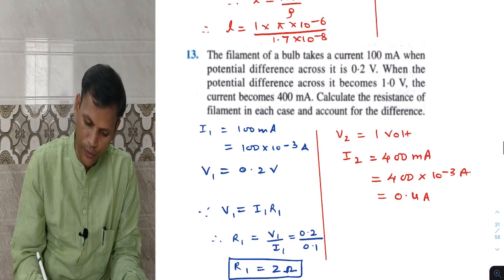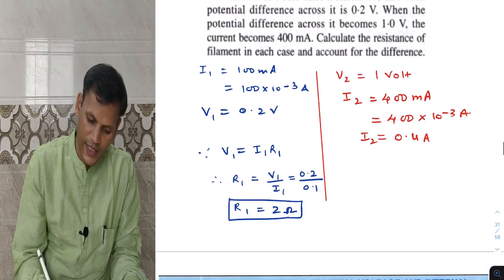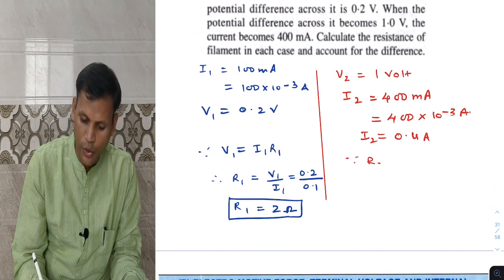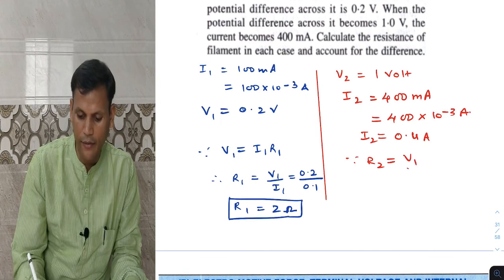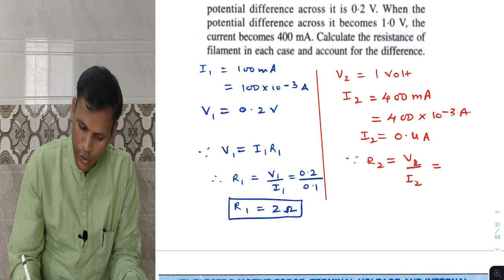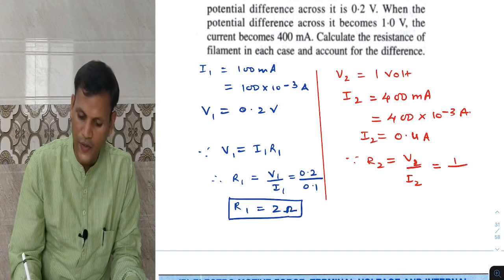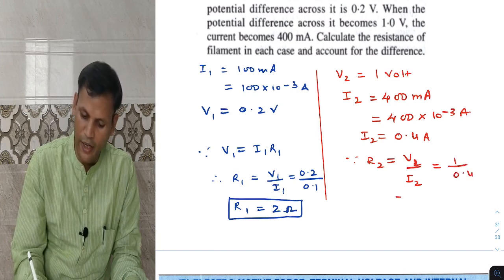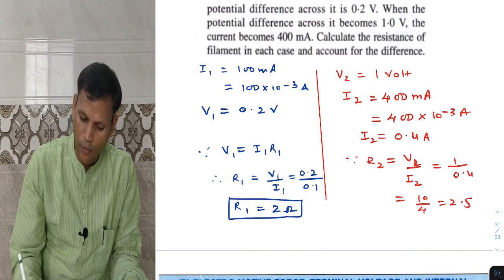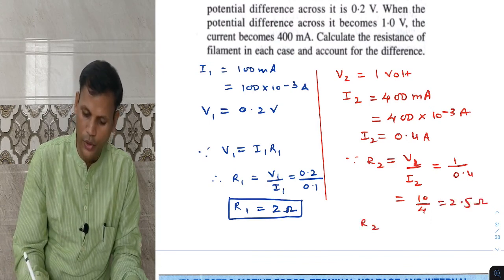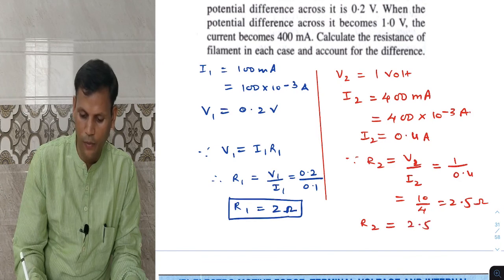Now we know R2 is equal to V2 by I2. So V2 is 1 upon 0.4, that will be 10 by 4, which is 2.5 ohm. So R2 is equal to 2.5 ohm.